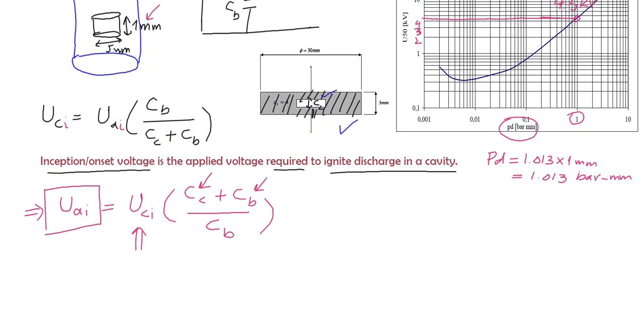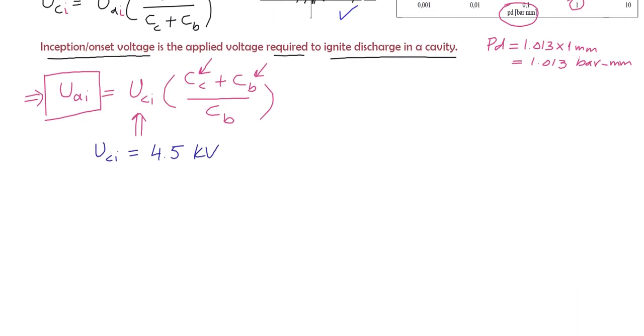Now we got UCI. So UCI is equal to 4.5 kilovolt. Now we need to determine capacitances CC and CB. For that, again, let's review the cavity.